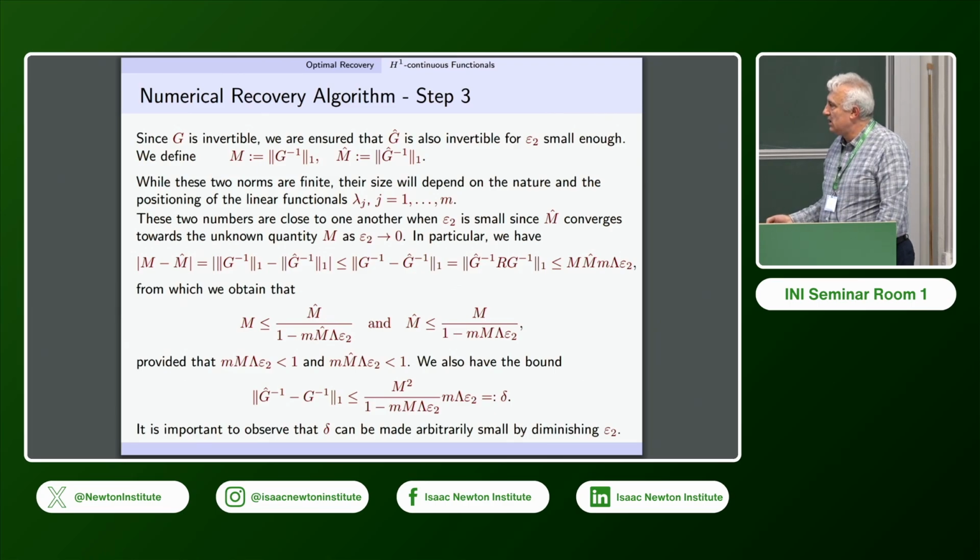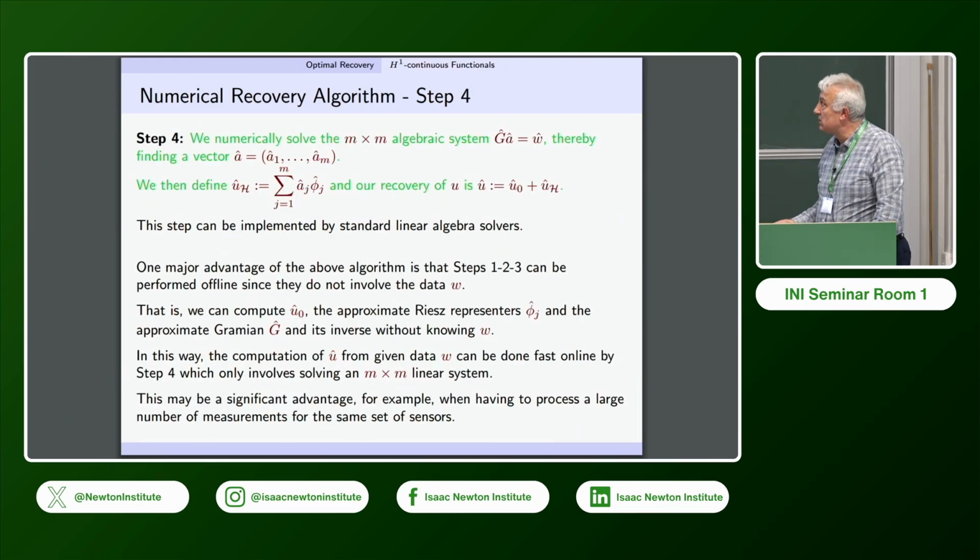So we have to make sure that these numbers are smaller than 1, which we can do by choosing a small enough epsilon, and then we define this to be our delta, and we can make it arbitrarily small with epsilon 2.